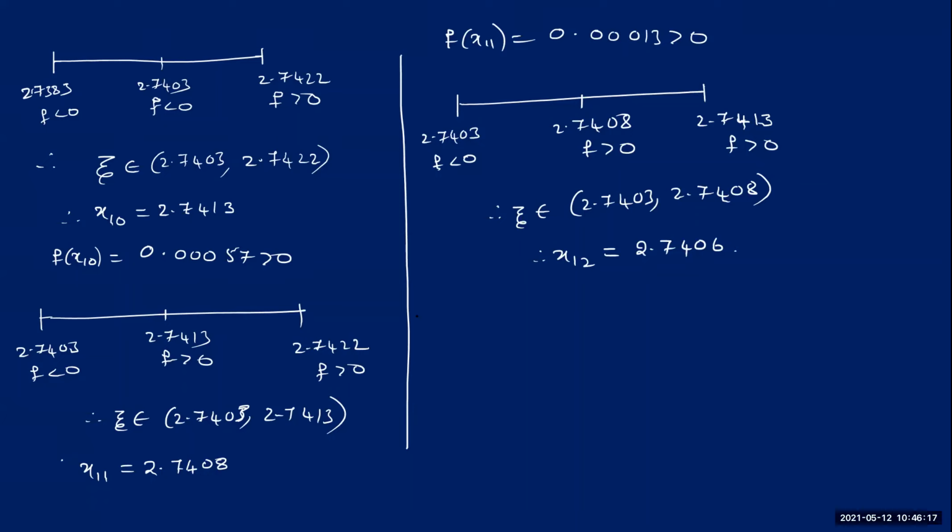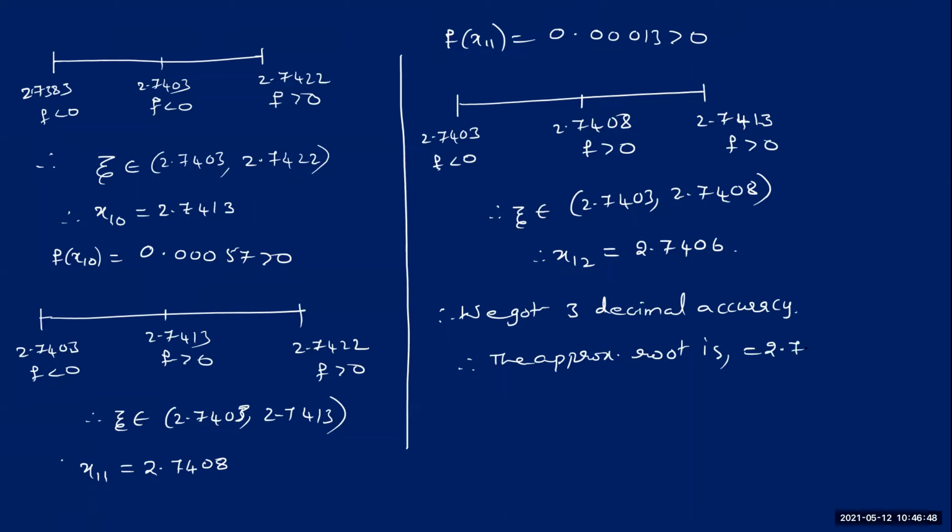Since we got 3 decimal accuracy, we can stop the problem here, and therefore the approximate root is whatever you got at the end. So that is the approximate root finally, 2.7406. Right? So that's how you can solve this problem using the bisection method.